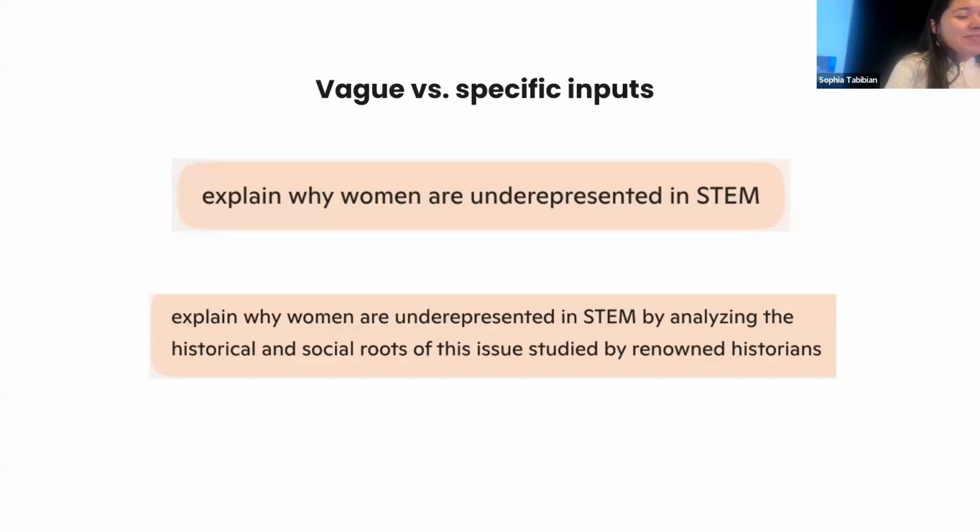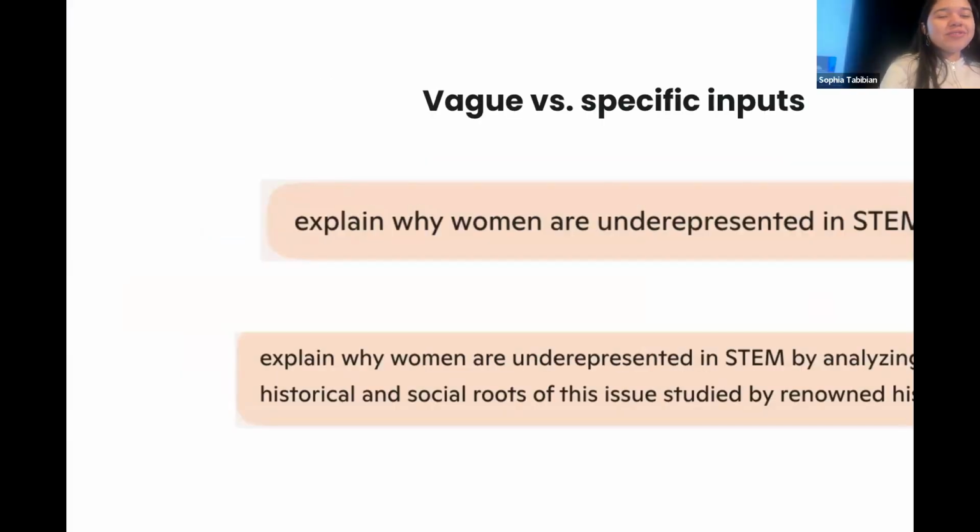I asked the AI chatbot to explain why women are underrepresented in STEM, and that was the vague prompt. Then for the more specific one, I wanted to understand more of the historical background and all the social roots of this issue.